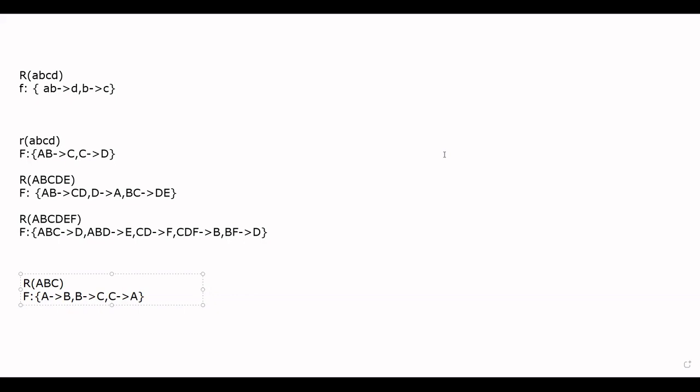BD. What, Abhay? What is the one more candidate key? BD. Yes. Now solve the question. Then 2NF. Arey, solve it.